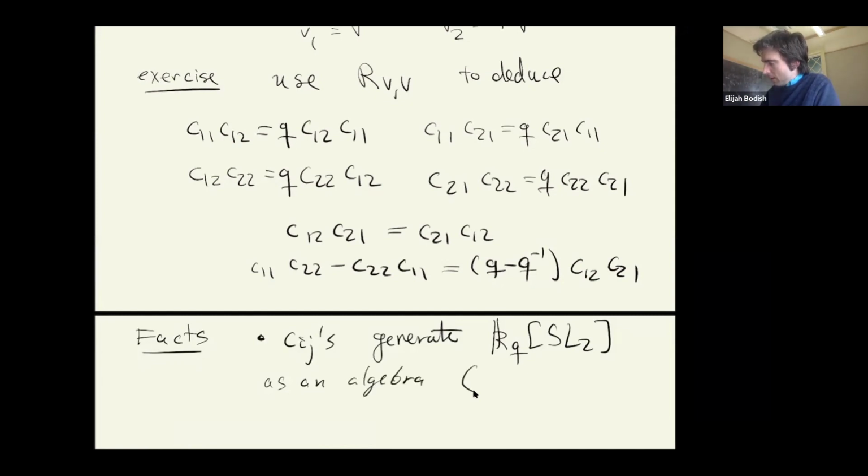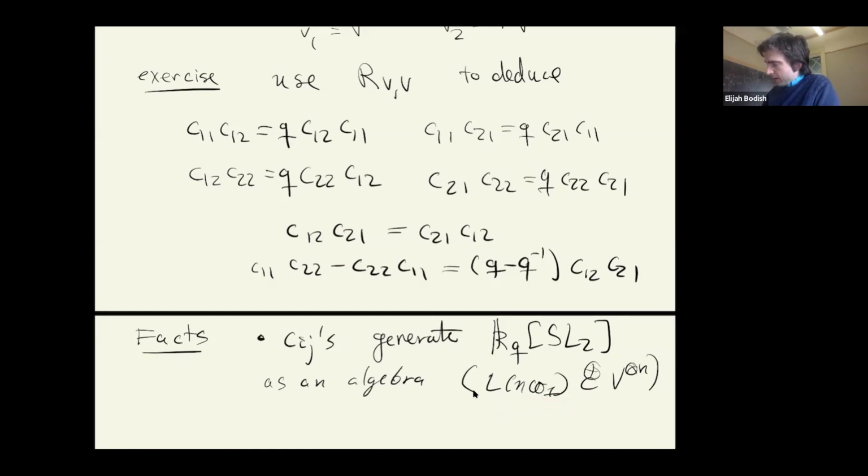And the quantum symmetric powers, the L_n's, are all summands of V tensor n. And all finite dimensional type 1 representations of U_q SL2 are going to be direct sums of irreducibles of this form.